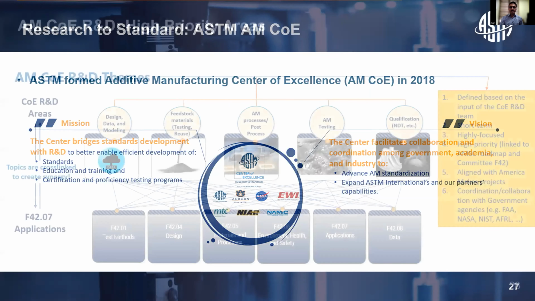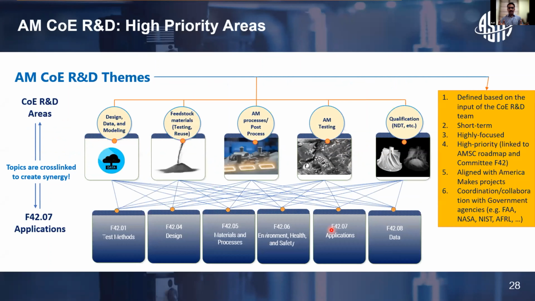And all this research is focused on different R&D themes, which cover design, data, feedstock, AM processes, testing, qualification, all those things. So there's a link with all the subcommittee activities that we are doing right now, and to the different materials and processes.